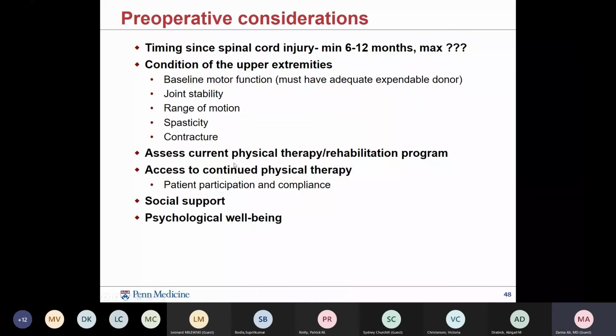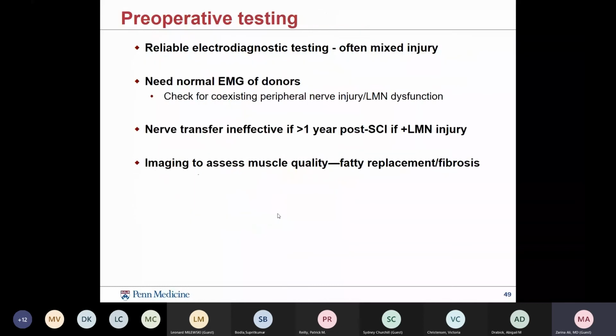So often these patients are in extensive physical therapy and rehab programs, and patient compliance and participation is really critical. There are also the social support components and psychological well-being of these patients with spinal cord injuries. That's really important to take into account as well.